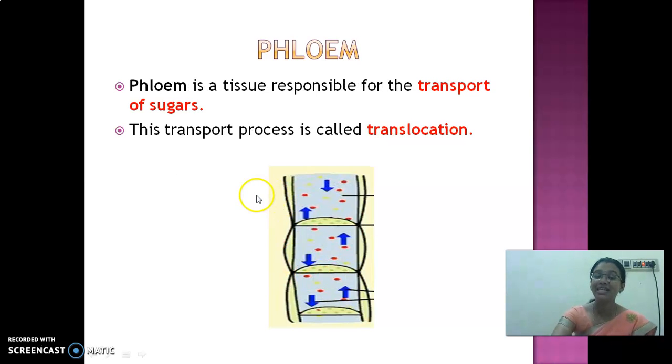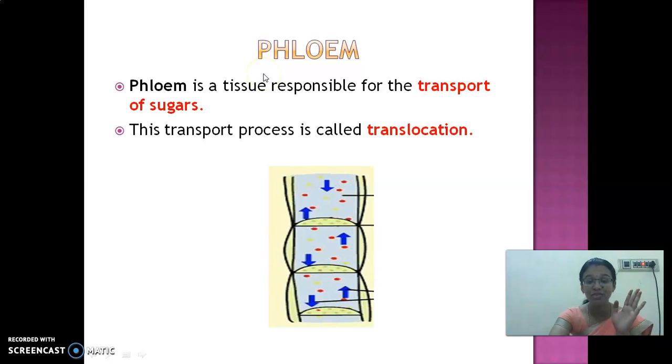What is the second one? Phloem. What do you mean by phloem, children? It is a tissue which is responsible for transport of sugars. Where are these produced? From leaves. This transport is also called translocation. Just have a note of it, children.